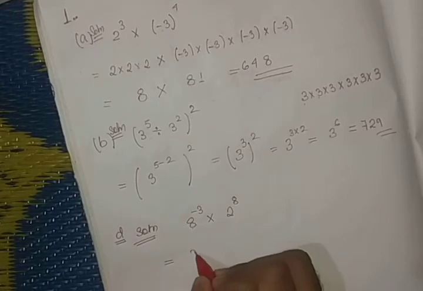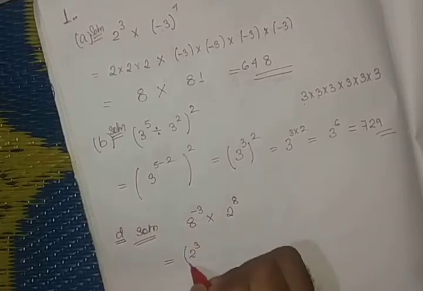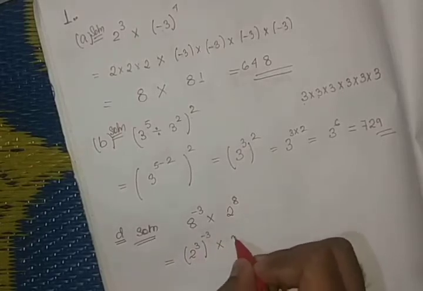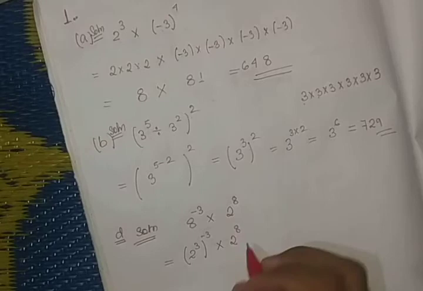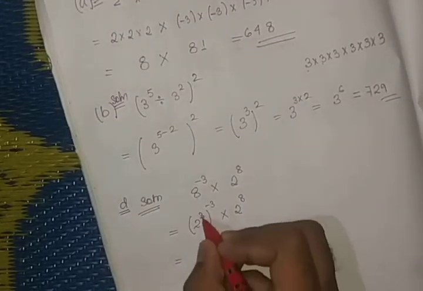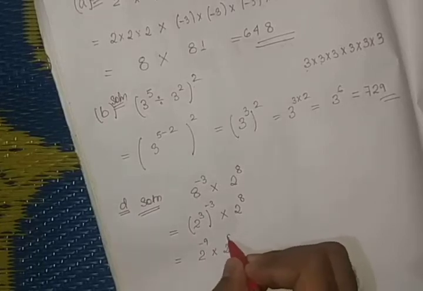This 8 can be written as 2 cube, because 8 means 2 cube. And this minus 3 is there, multiplied by 2 to the power 8. Then this bracket means multiply, and 2 to the power 3 3s are 9 into 2 to the power 8.